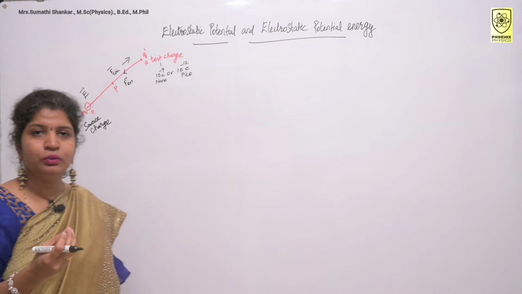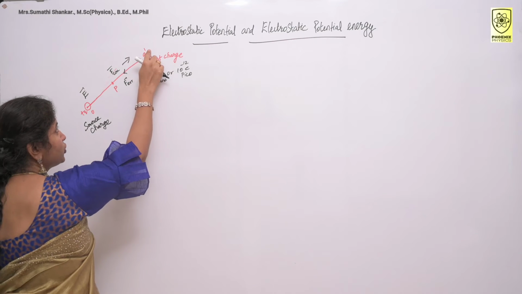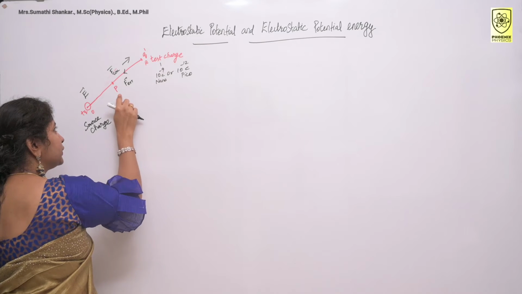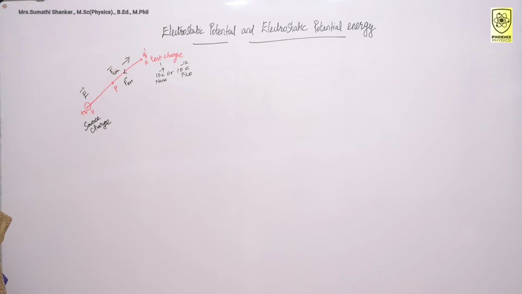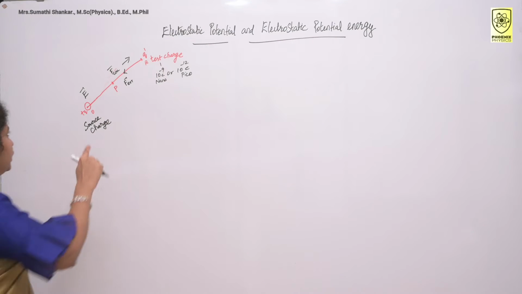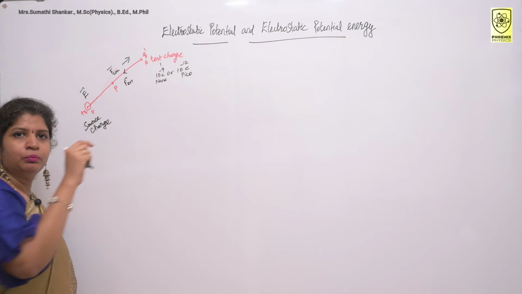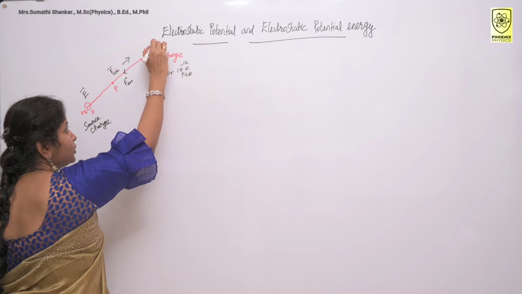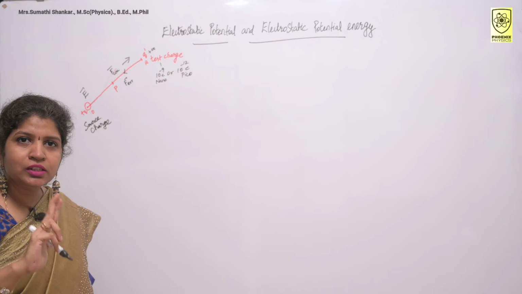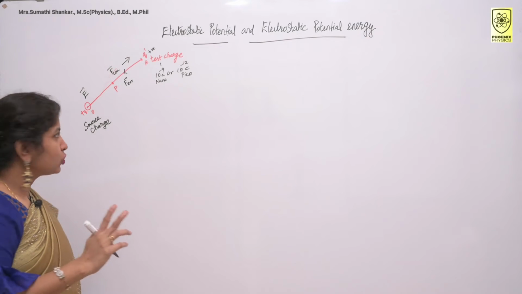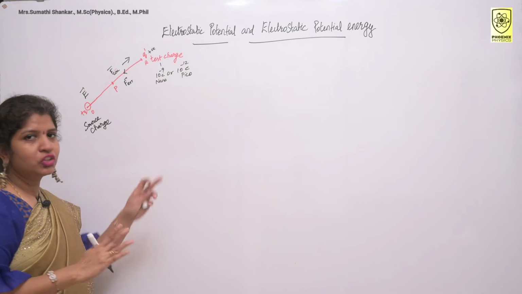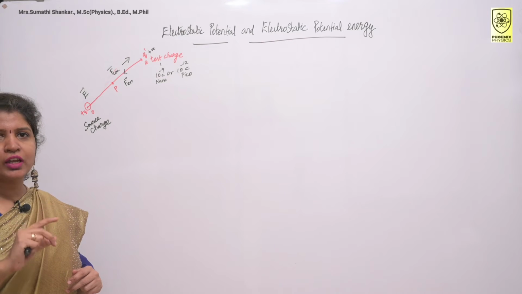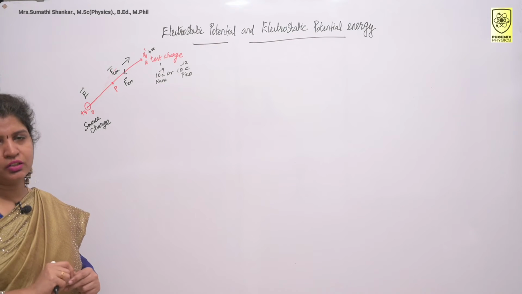The test charge Q dash is brought from R to P against the repulsive force between Q and Q dash, because here Q dash is also a positive charge. You know that like charges repel each other. So both the source charge and the test charge are positive, and a repulsive force takes place between these two charges.